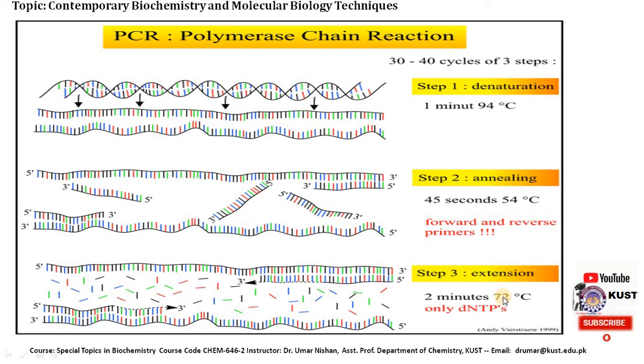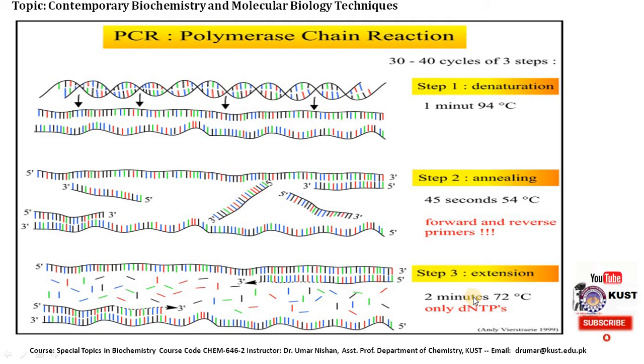Now why 72 degrees C? Because this is the optimum temperature at which the polymerase enzyme functions best, and it starts to recruit the freely available nucleotides, and extension of the respective strands happens.